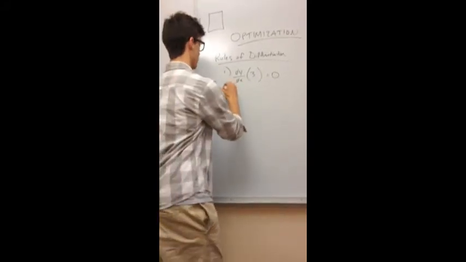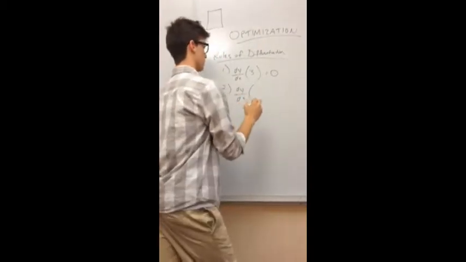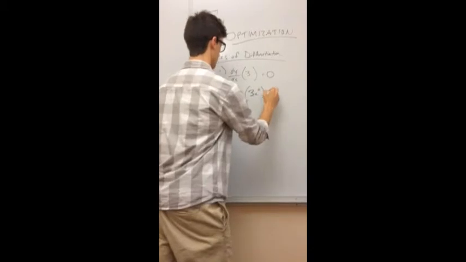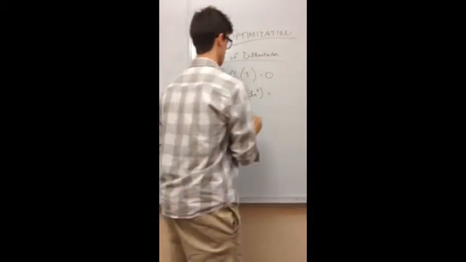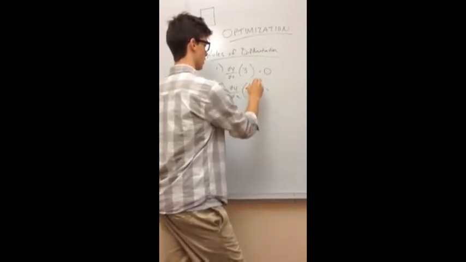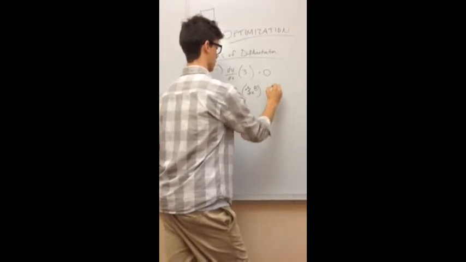Next would be the power rule, which, say I'll take 3x squared, for example. The way that you're supposed to take the derivative of this is to multiply the number in front with the exponent to get your first number. So that would be 6.